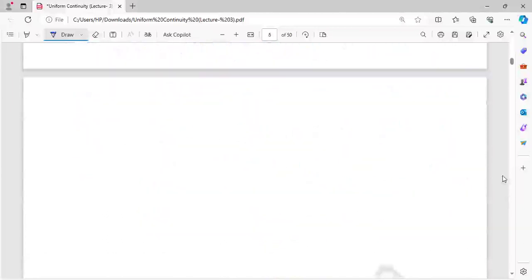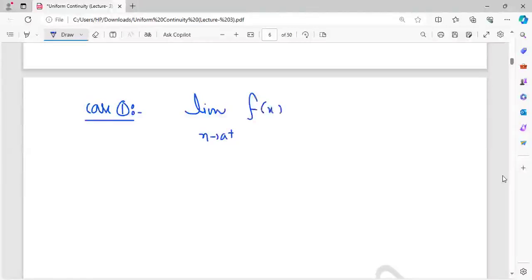So what does it mean? Suppose we are taking case first. Suppose x tends to a plus, my function is approaching infinity. Then by definition of uniform continuity, my interval is this, a and b.